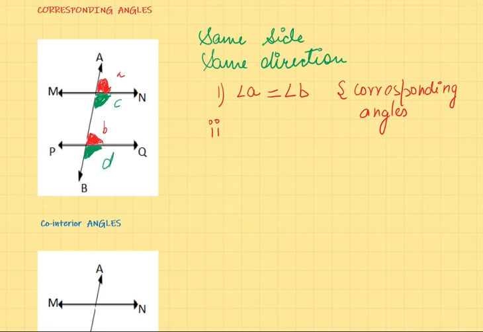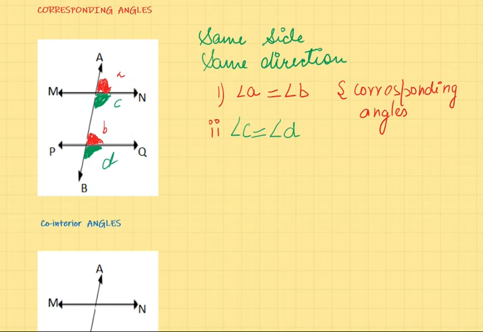We can see this is angle C and this is angle D. So angle C is equal to angle D. इसका मतलब ये है कि अगर एंगल A मान लीजिए 75 डिग्रीज है तो एंगल B भी 75 डिग्रीज आएगा. ठीक है, अगर एंगल C 105 degrees है, you can see this is an obtuse angle, so angle D will also be 105 degrees.